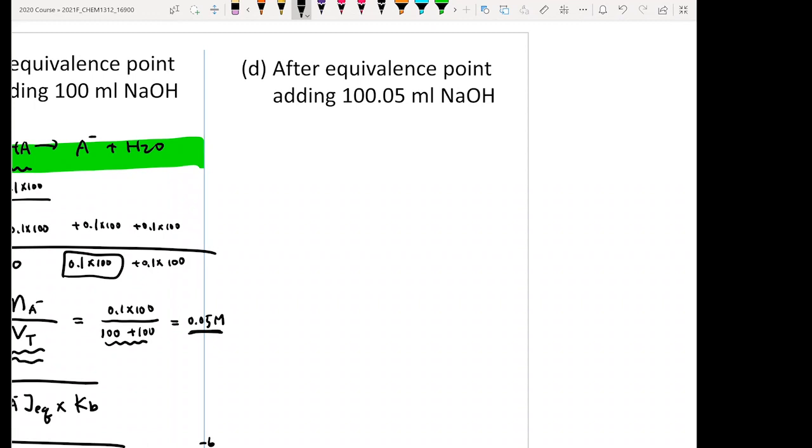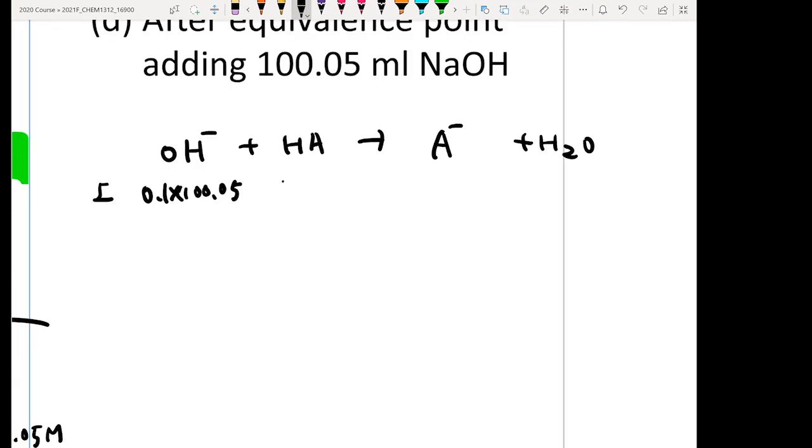Okay, OH minus plus your HA gives you A minus plus H2O. In the beginning, you have 0.1 M times 100.05 for your OH minus, and for your HA it is 0.1 times 100. So at this time, HA will be the limiting reagent, so your weak acid will be fully consumed by your titrant.